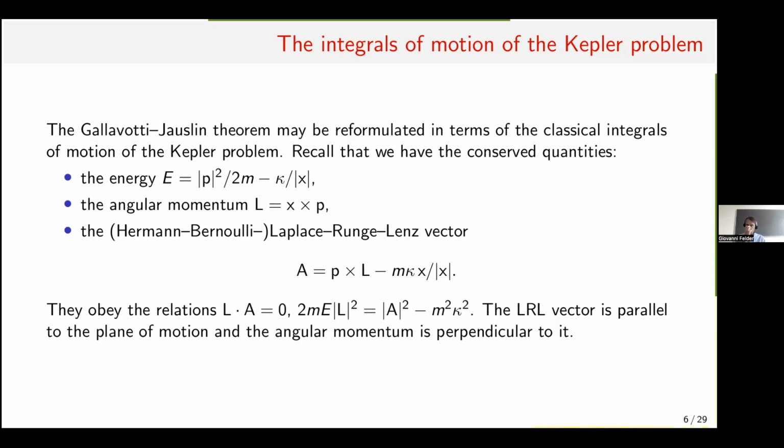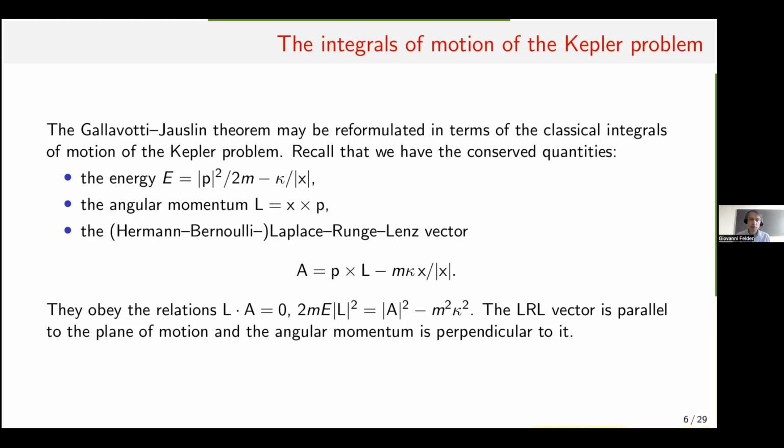So recall that before putting this wall, we know that we have some conserved quantities of the Kepler problem, the very well-known conserved quantities. We have the energy and the angular momentum, which would be perpendicular to the plane of motion in this case. And then there is the so-called Laplace-Runge-Lenz vector, which actually goes back to Johann Bernoulli's student Hermann, which is also a conserved quantity. It's a combination of angular momentum and position and momentum.